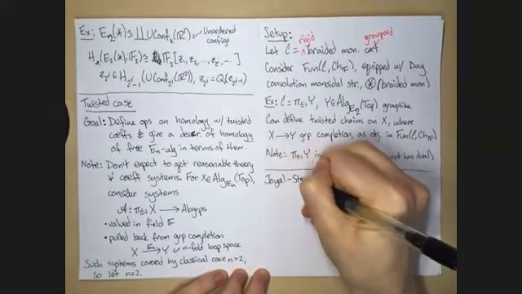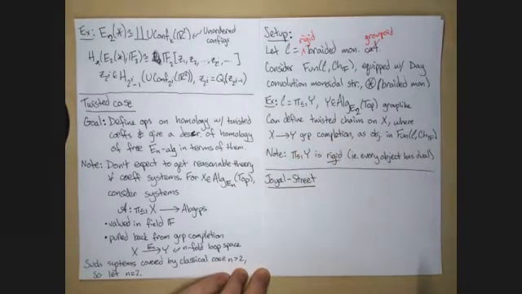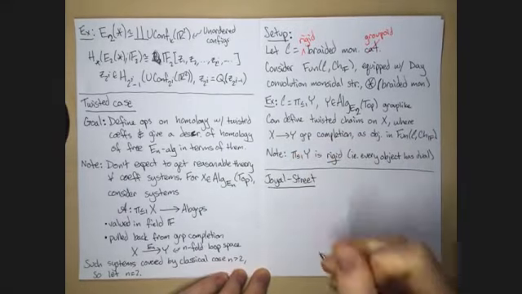So there's some work of Joyal and Street that gives a really nice categorization of rigid braided monoidal groupoids.